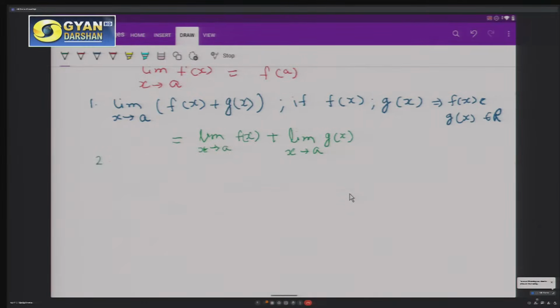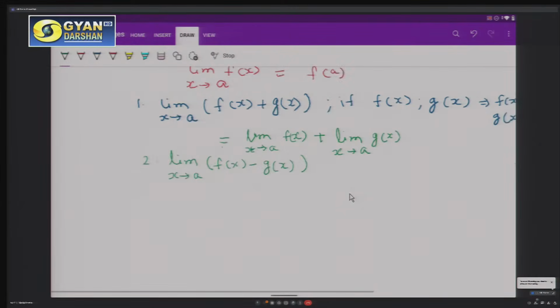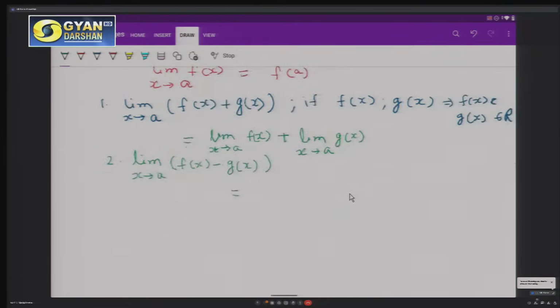Now the second, limit x tends to a f(x) minus g(x). So this will be equal to limit x tends to a f(x) minus limit x tends to a g(x).